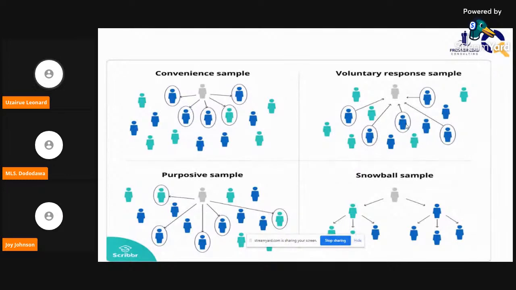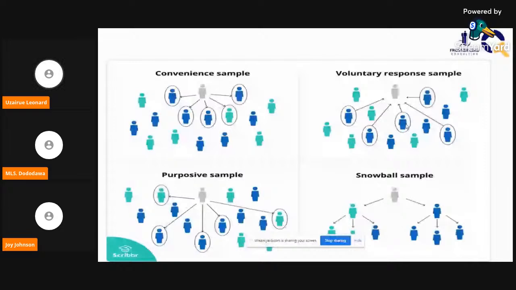So basically, this is used more in qualitative research, where the researcher wants to gain detailed knowledge about a specific phenomenon or subject. In this kind of study, you are not making any statistical inference. You only interview them to gain knowledge.